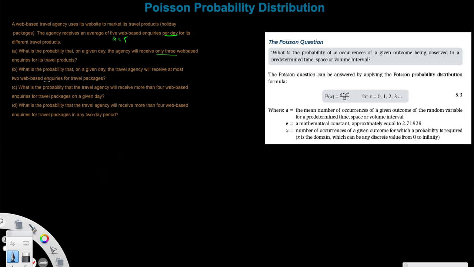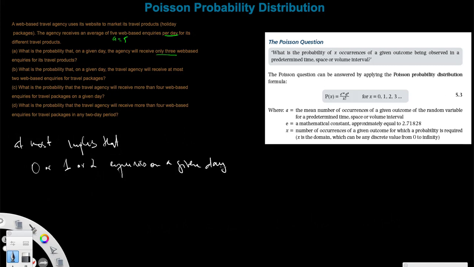The second question now asks, what is the probability that on a given day the travel agency will receive at most 2 web-based inquiries for a travel package? In terms of the present question, at most implies that we'll have either 0, 1, or 2 inquiries on a given day.